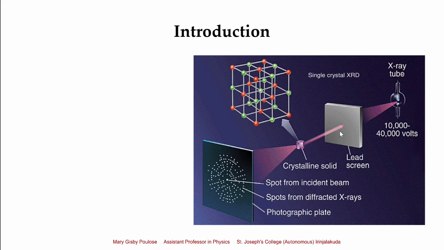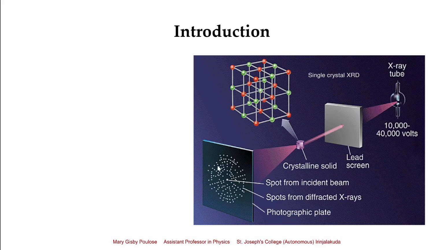Now this narrow beam of X-rays is made to fall on this crystal. The crystalline solid is placed here. It is the target object, and when X-rays fall upon this crystalline solid, the X-rays will undergo diffraction, and based on the structure of that crystal, they will form a diffraction pattern on this screen.